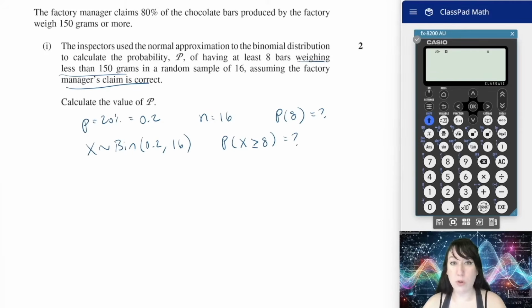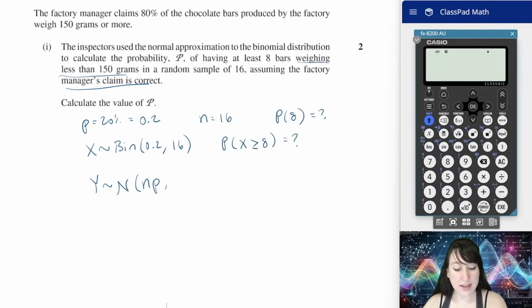Now, when we use a normal approximation to the binomial distribution, we'll define a new random variable, maybe we'll call it y, normally distributed, whose mean is the expected value of x. In binomial, that's n times p, and whose variance is equal to the variance of the binomial, which is n times p times q. Q, of course, is 1 minus p.